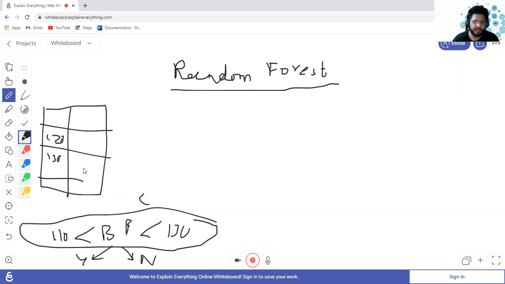Yes, no. Then you get your Gini index, Gini impurity. Then you choose which question is the most fruitful question to ask, and then you form your decision tree. Okay, so this is all about decision trees, and now we will move to random forest.